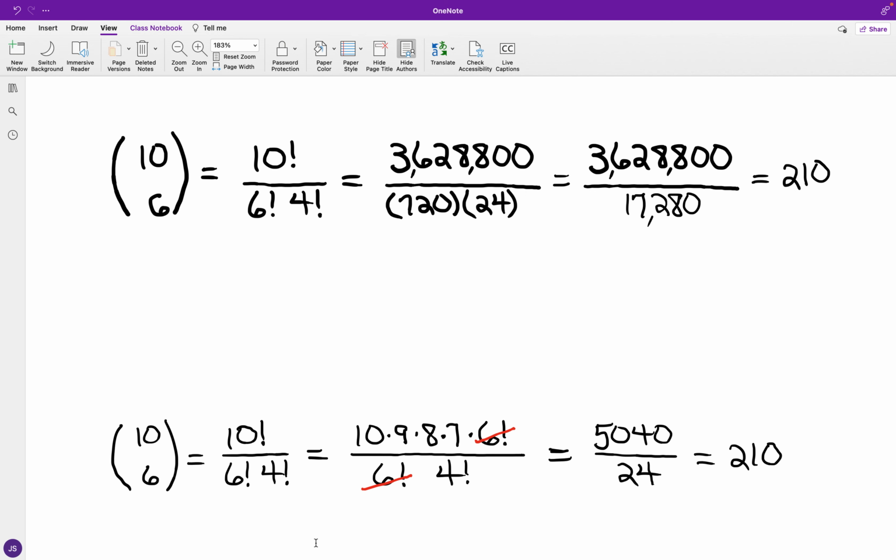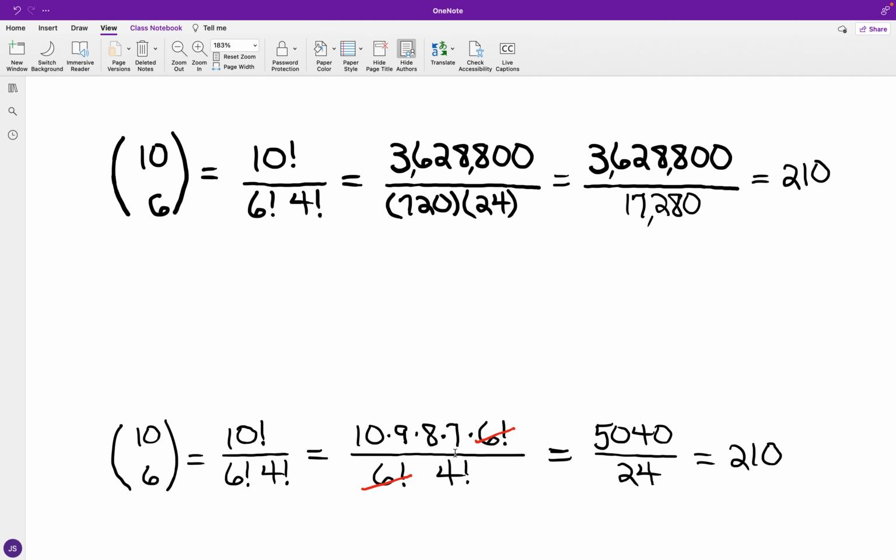Again with 10 factorial all over the product of 6 factorial and 4 factorial, I can write the top factorial in terms of the higher of the 2 factorial values in the denominator. And if you notice, for 10 factorial, we have 10 times 9 times 8 times 7.